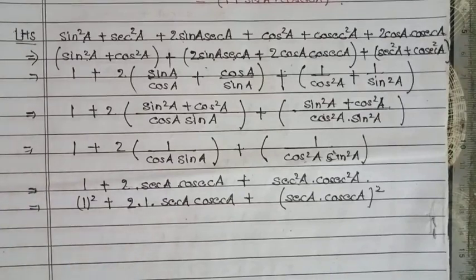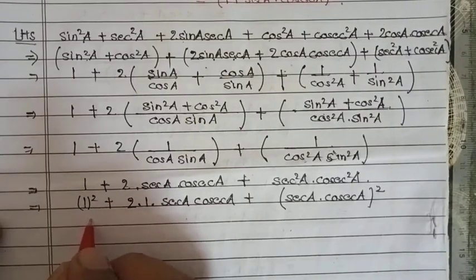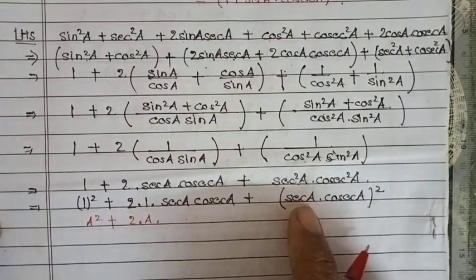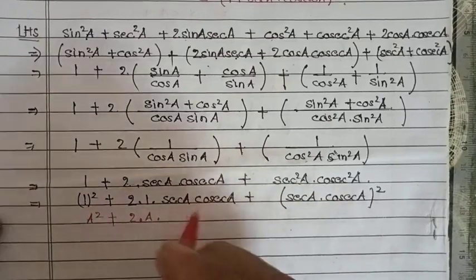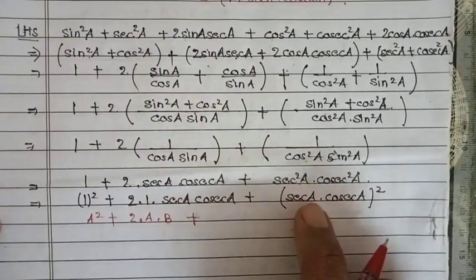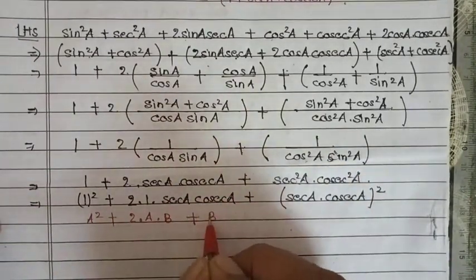Okay, now you see the result. If I consider 1 as a, I can write this as a square. Then I have 2 into 1, where 1 is a, and if I consider sec into cosec as b, this is 2ab, and the last term, sec A into cosec A, is b square.